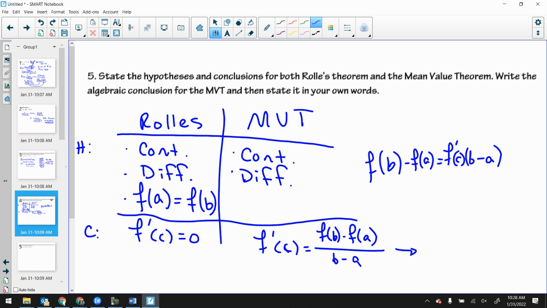Now, in our own words, what does that mean? For the mean value theorem, there must be some value in between the endpoints that is equivalent to the slope of the two endpoints, right? Somewhere in the middle, where the slope at that point, the tangent line, is equivalent to the slope of the endpoints.